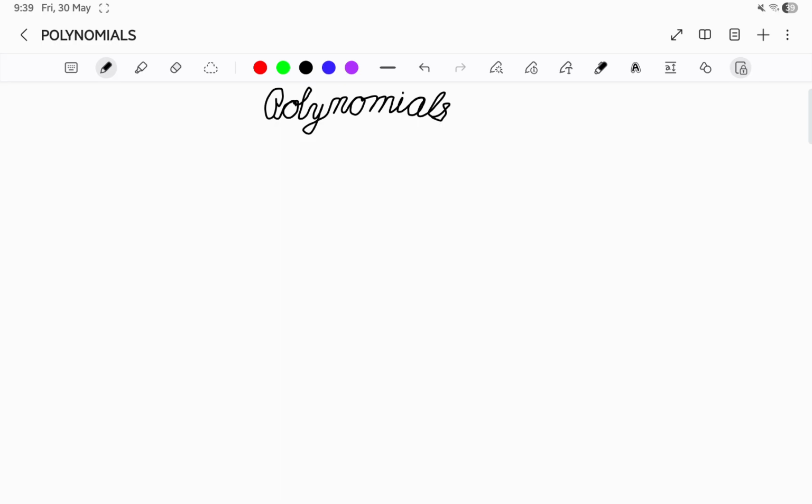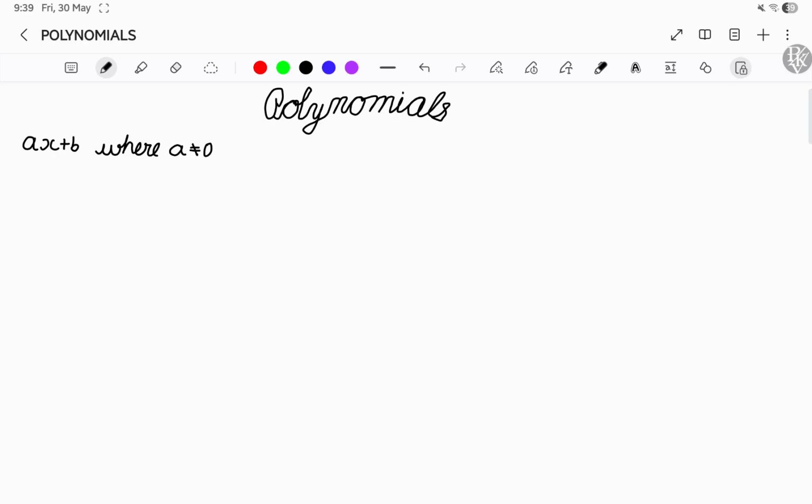Now we need to know the geometric meaning of 0 of a polynomial. So, consider the polynomial ax plus b where a not equal to 0.